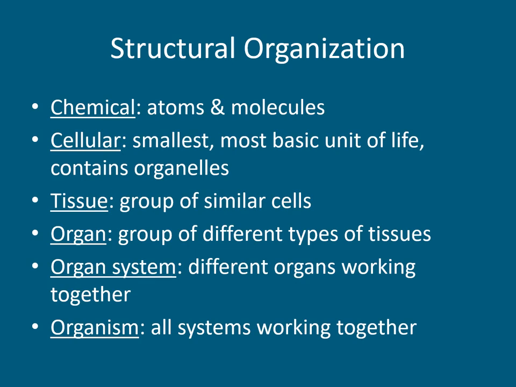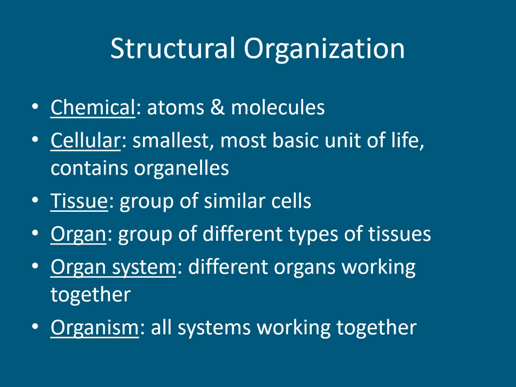You take a group of cells, similar cells, group them together, and you form a tissue. You take at least 2 different tissue types, put them together for a similar function, and you have an organ. You group several organs together, you have a system or an organ system. And then you put several systems together, and you have now the whole organism.